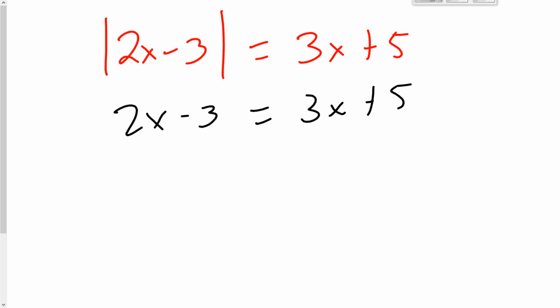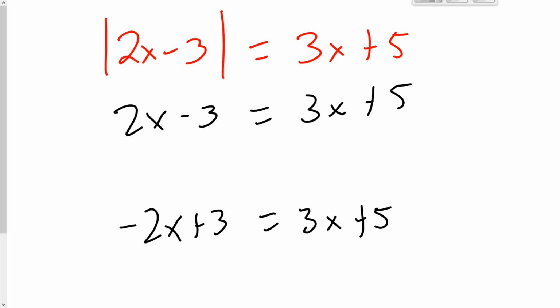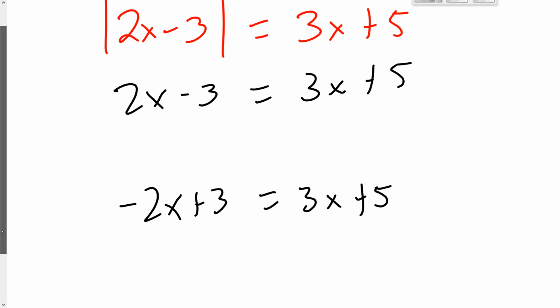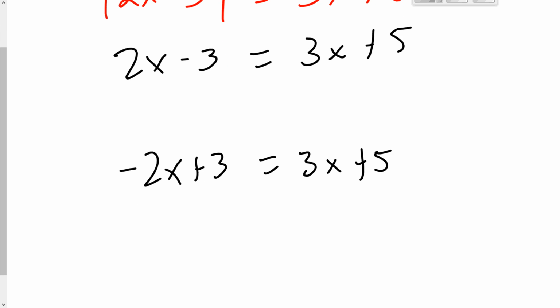But when you take the second equation, I take the opposite of this, which is great, and if you're good at that, that's great. But some people that take the opposite of the other side, other than the absolute value, make the mistake of only taking the opposite of the first term and not the second, right? So I would have to make sure that I take it of this one as well.